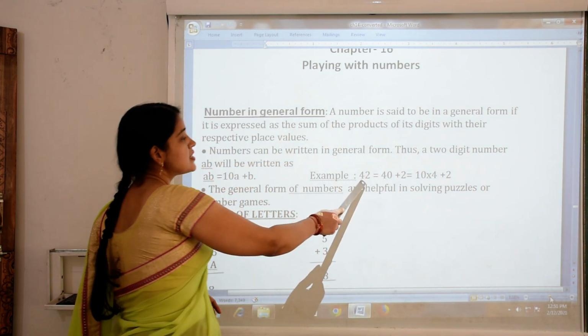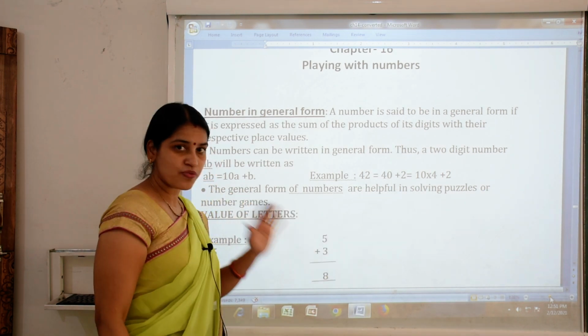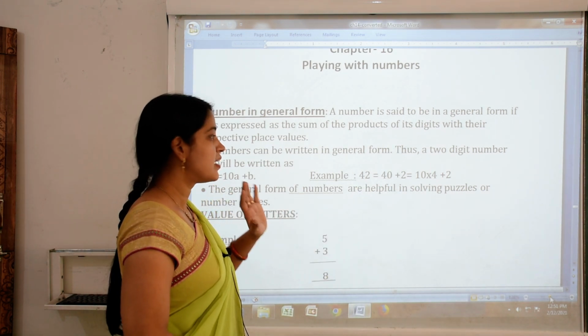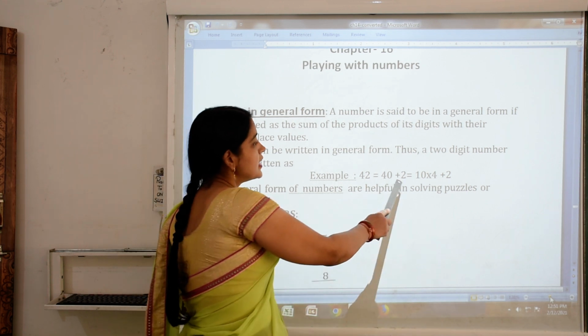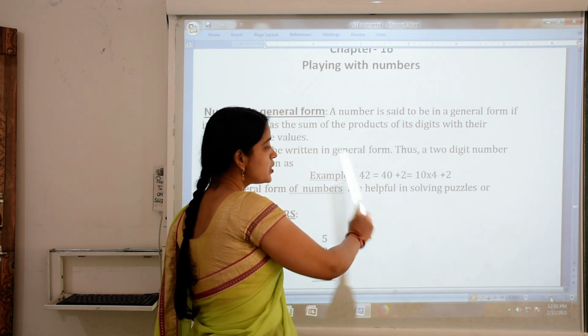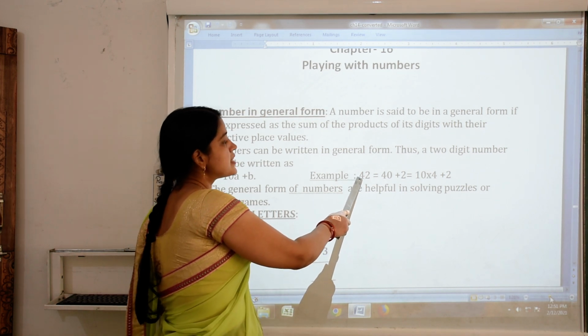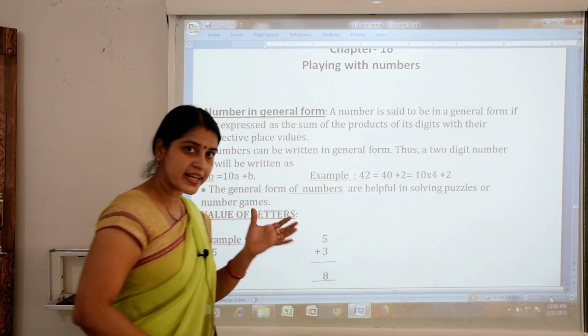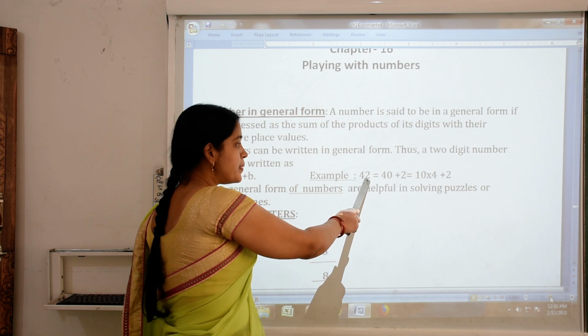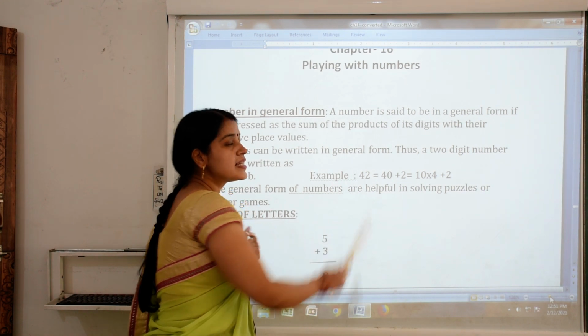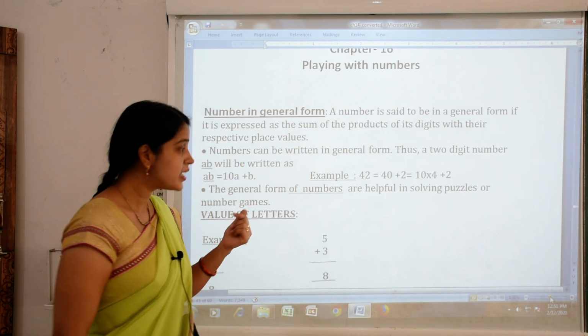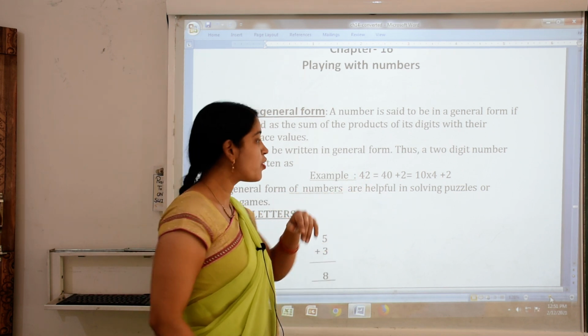So this 42 we can write in this form also. Let's imagine this is a 2-digit number, 4 and 2. Let 4 be A and 2 be B. So this is AB. Now how do A and B get formed?